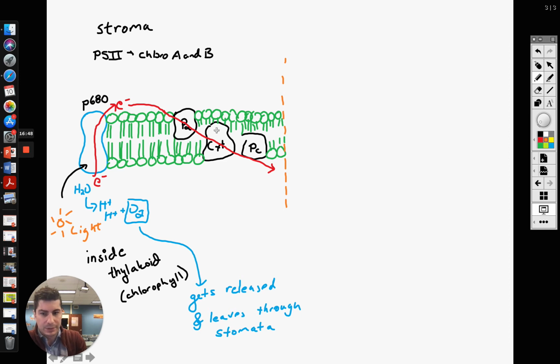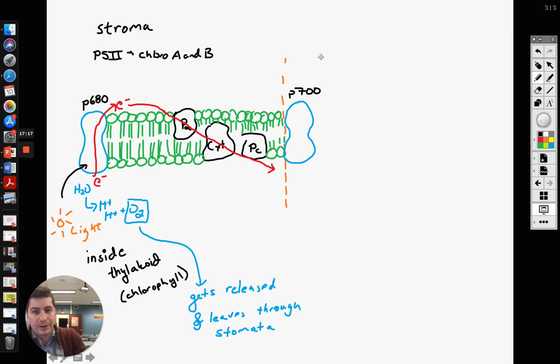So that's photosystem 2. All that happens, we split water, we bring in sunlight, we get this electron, it gets excited, it goes through the cytochromes, and now we're here at the end of photosystem number 2. Okay. Now we're going to move to photosystem number 1. We're going to have some more chlorophyll here, but different wavelength.